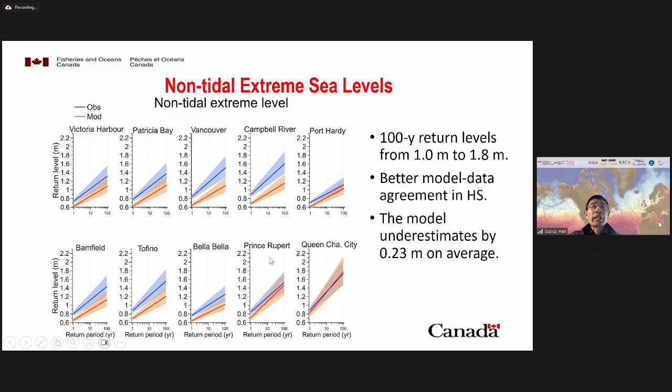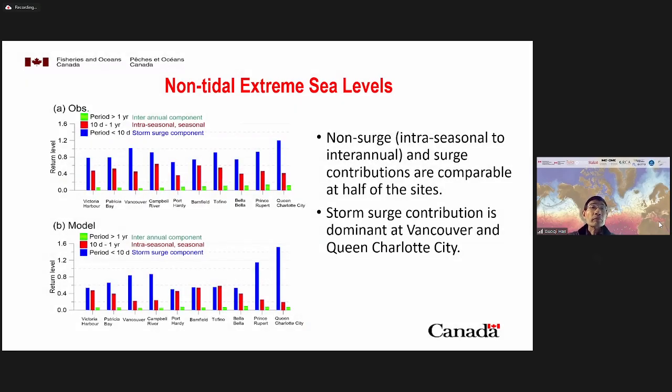So if you look at the previous slide, including tides and the non-tidal sea level, on average for the entire region, tides account for about 50% and the non-tidal component also accounts for approximately 50%.